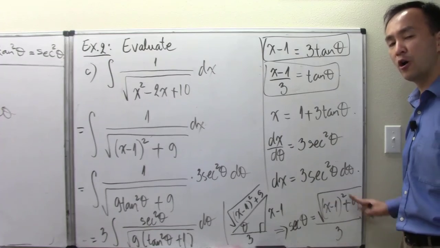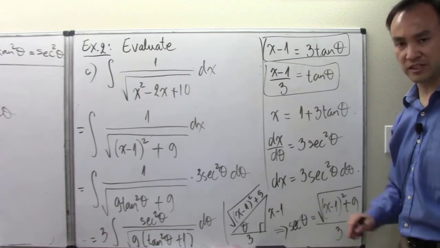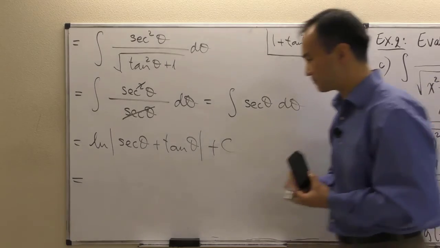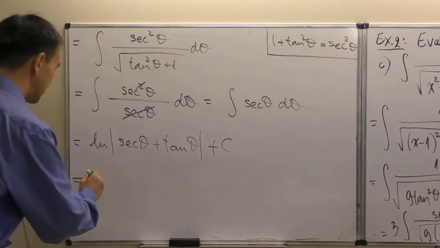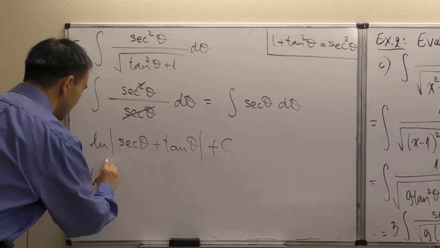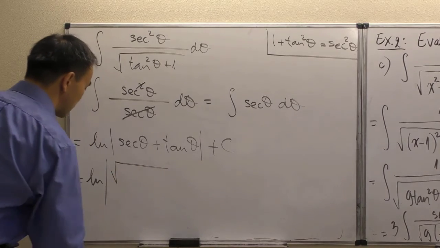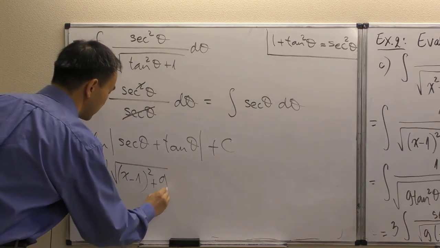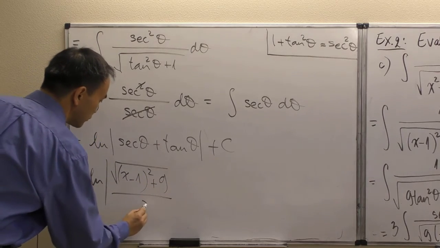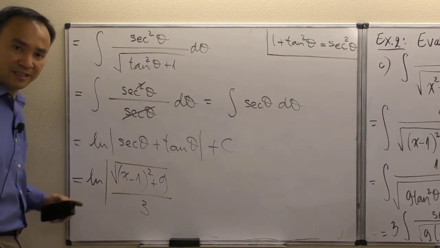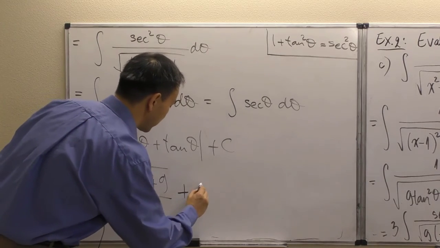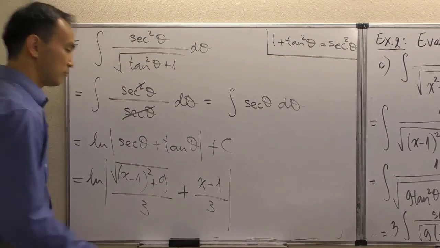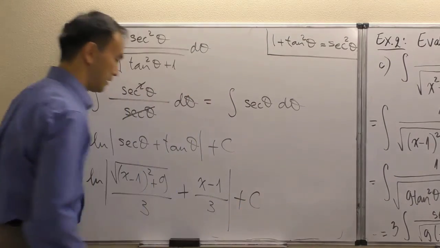Now I have all the information I need to substitute back into our current answer. So now I'm looking at natural log of the square root of (x minus 1) squared plus 9, over 3. That's secant of theta. Plus, and now tangent is simply x minus 1 over 3, plus c.